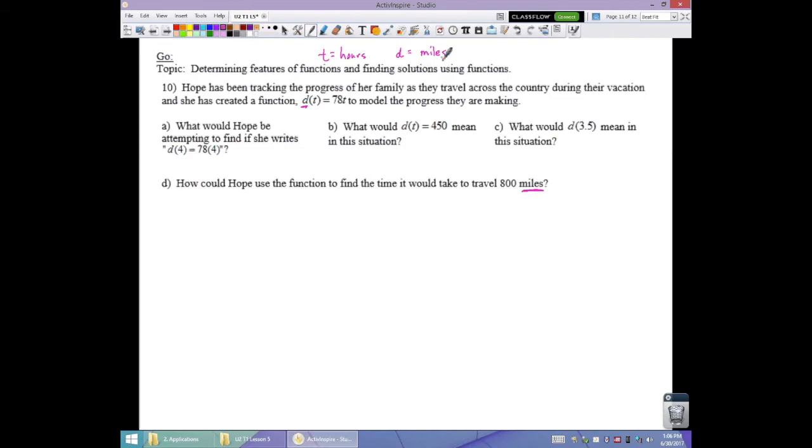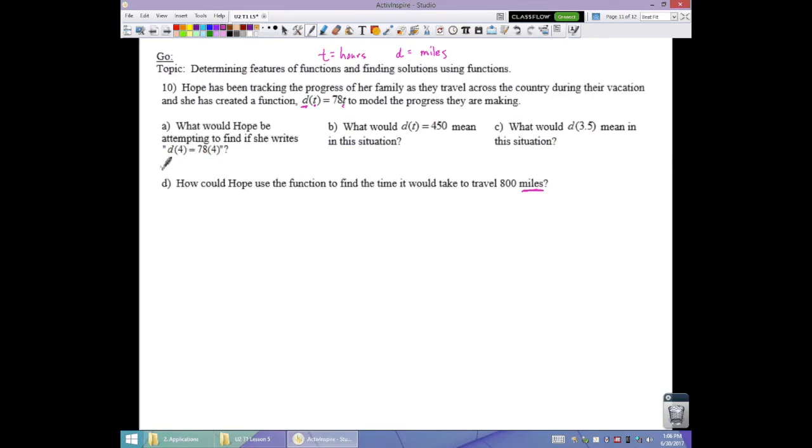Okay. So what would Hope be attempting to find if she writes D of 4 equals 78 times 4? Well, what she's done there is just replace the T in both sides of the equation there with a 4. So that means she's considering the value of T to be 4.